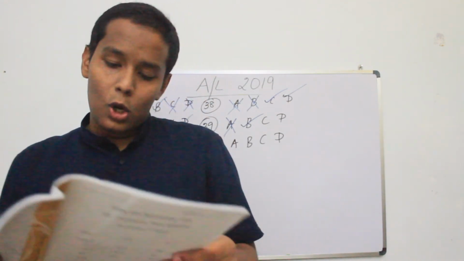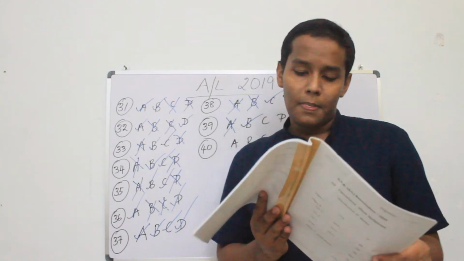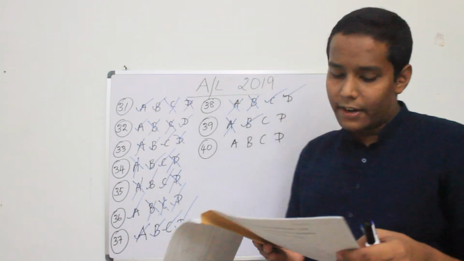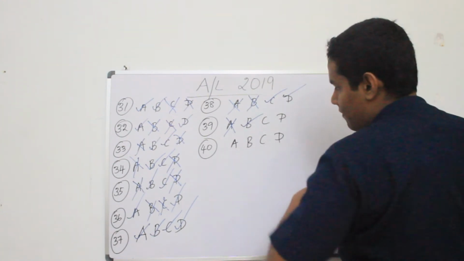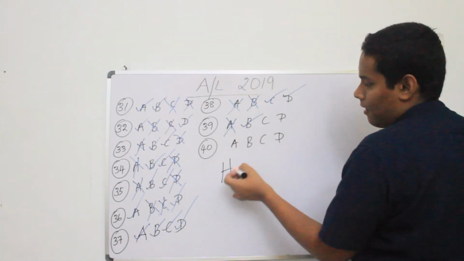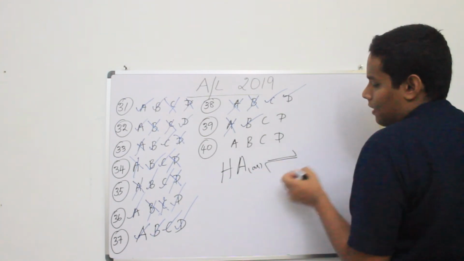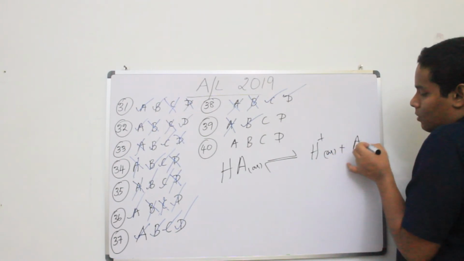C, conductivity of the solution decreases, but the fraction dissociated of weak acid increases as more water is added to solution. If more water is added to solution, what happens to conductivity of solution? Now it's a weak acid. Imagine it's HA weak acid. HA aqueous giving you H plus aqueous and A minus aqueous.